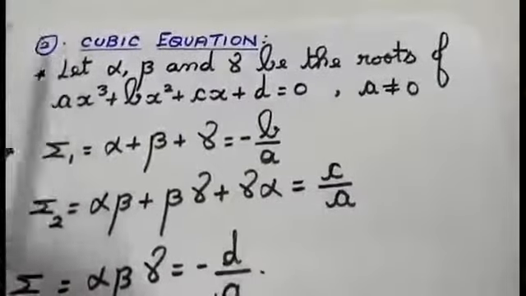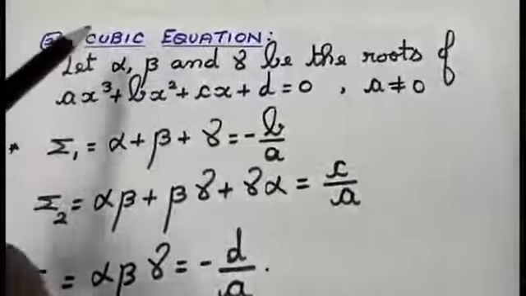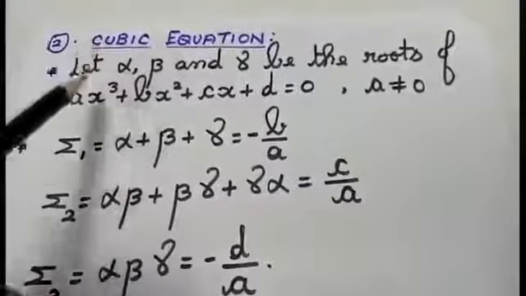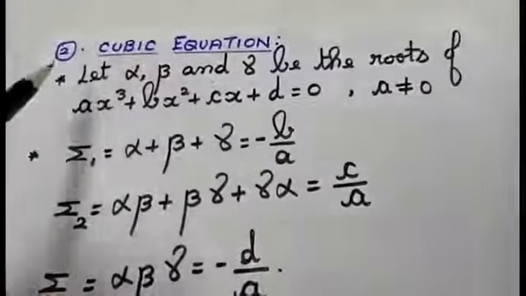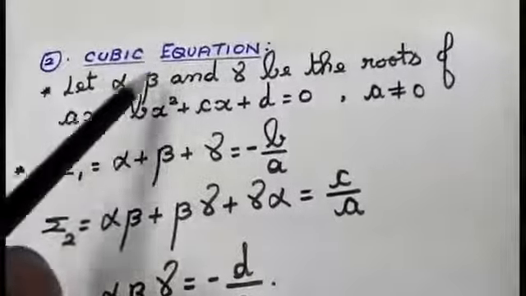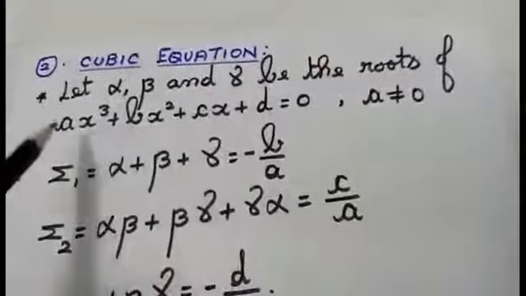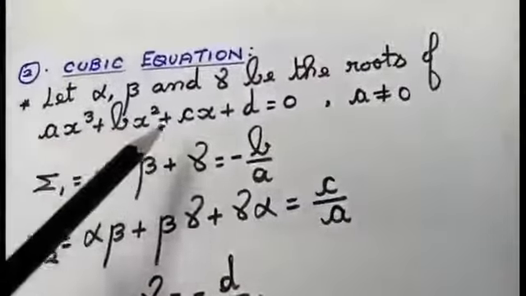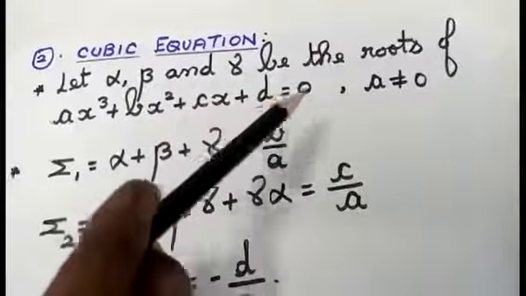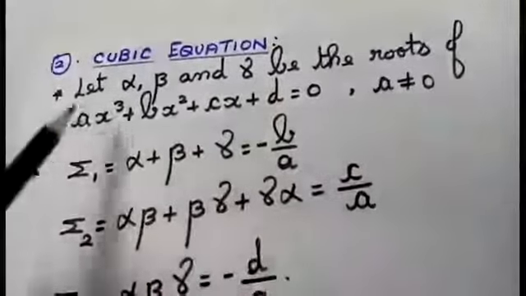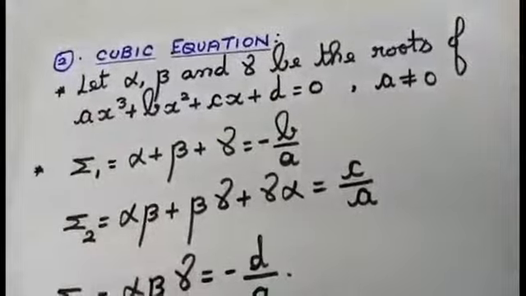Next one, cubic equation. Cubic means I am going to have three roots, that is alpha, beta and gamma. Let alpha, beta and gamma be the roots of ax cube plus bx square plus cx plus d equal to 0, where a not equal to 0, that is the coefficient of x cube not equal to 0.